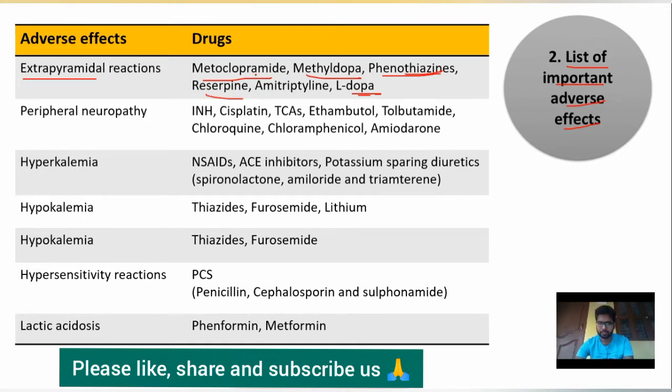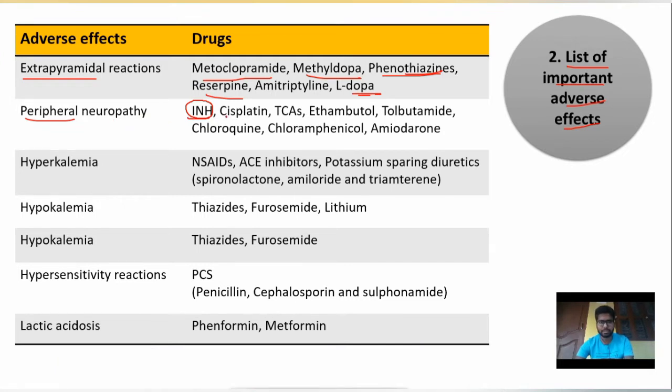Then coming to peripheral neuropathy, isoniazid is the drug which shows peripheral neuropathy as an adverse effect. Then cisplatin, tricyclic antidepressants, ethambutol, tolbutamide, chloroquine. All these drugs show peripheral neuropathy.